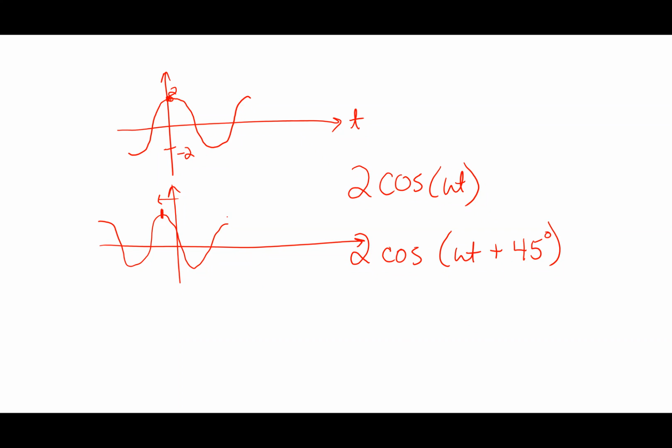The critical thing is, if I told you the amplitude, which I called XM, I told you omega, and I told you this offset, 45 degrees, you could tell me the value of that waveform at any point in time. If I gave you a T, you could tell me the value.